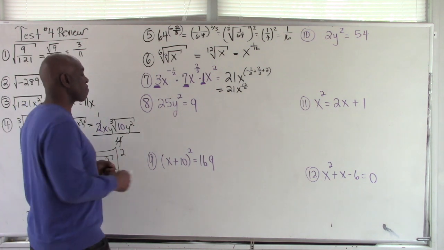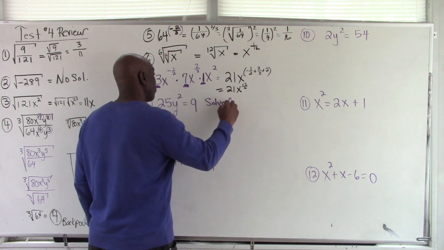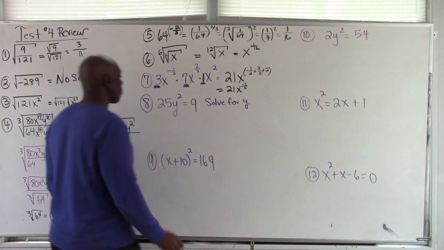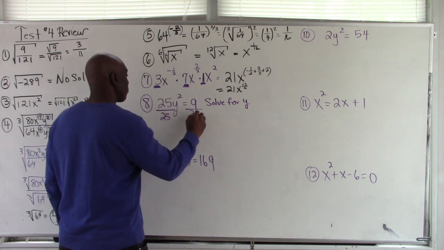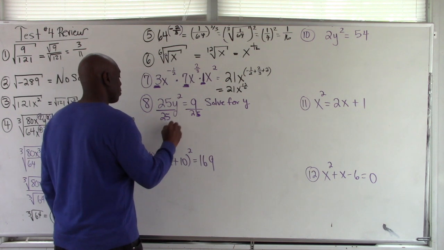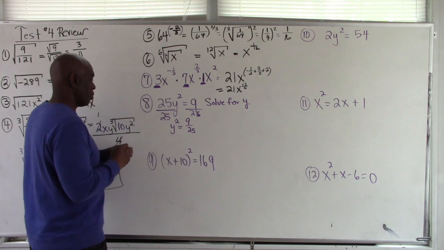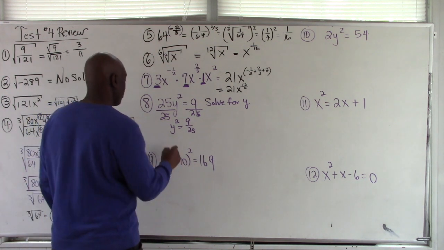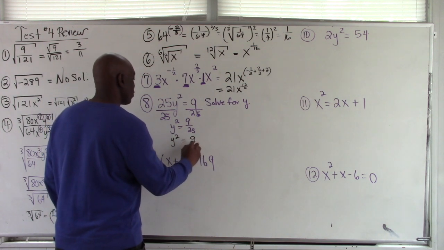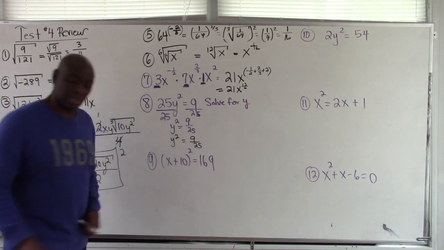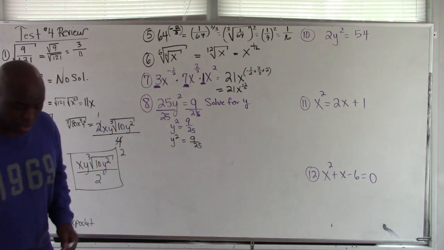All right. Here, solve for y. Well, I'm going to divide both sides first by 25. I'm going to get y squared equals 9 over 25. Now I need a little bit more room here, so let me take number 9 down a little bit lower.